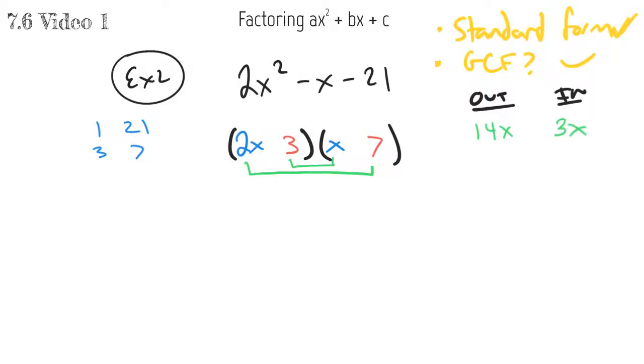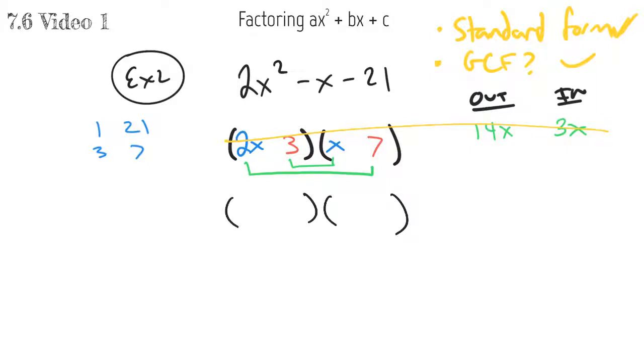Is there any way I can combine those to get to negative x? Remember, that's my goal, to get to negative x, the middle term. Well, 14 plus 3, 14 minus 3, there's no way I can get negative x. So that one didn't work. So I'm going to cross it off. Now I try again. Like I said, it's a big guess and check process.